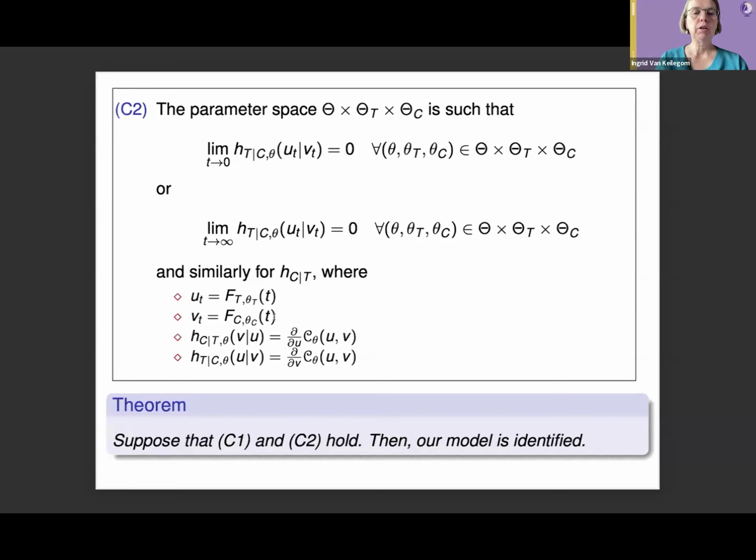So this is a bit more abstract, and it turns out that this is not always the case. So for some choices of copulas or certain choices of marginal distributions, it could be that these limits are not 0. In any case, here is then our final identifiability result. So we show that the model is indeed identified if C1 and C2 hold.